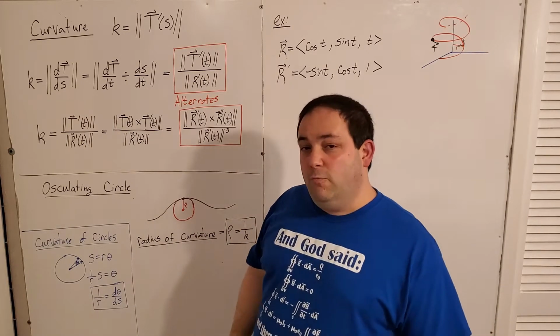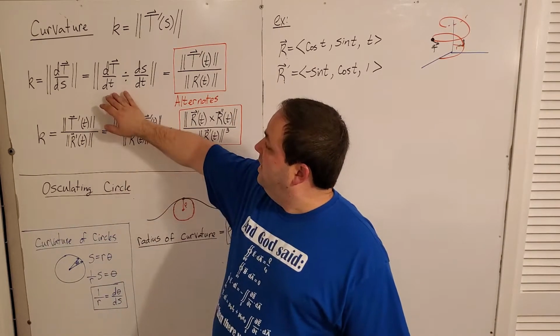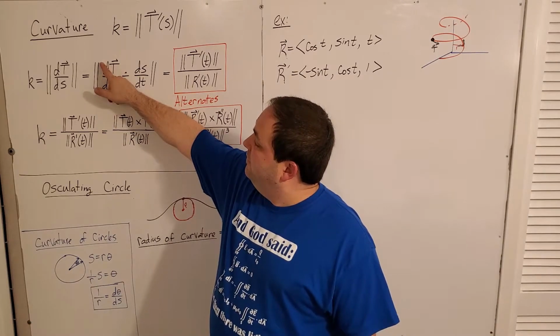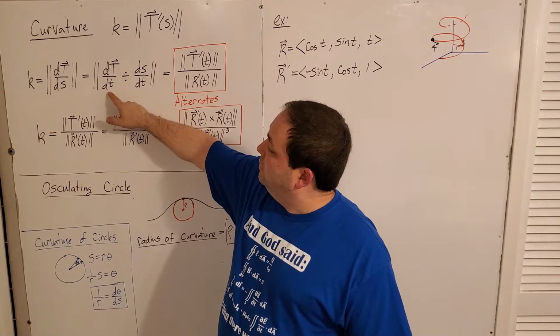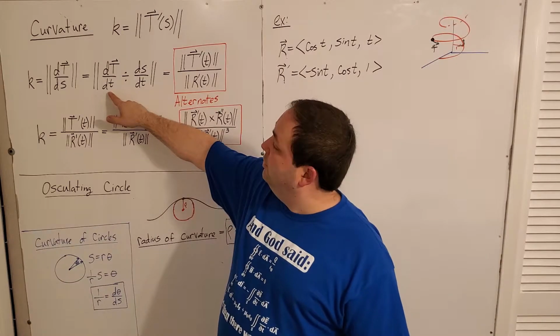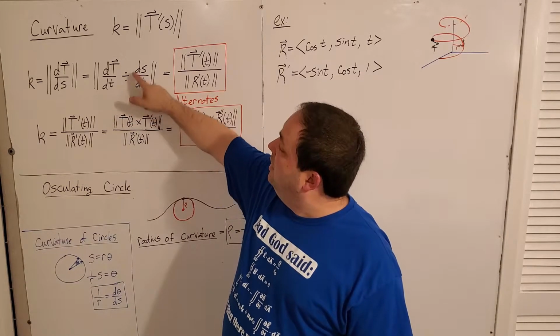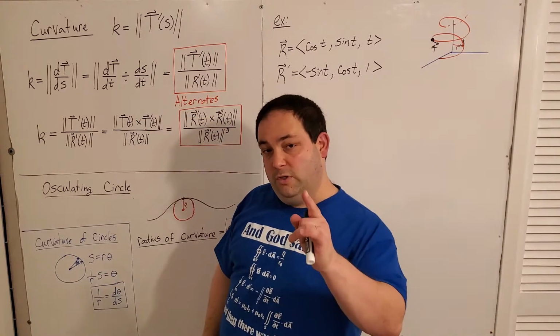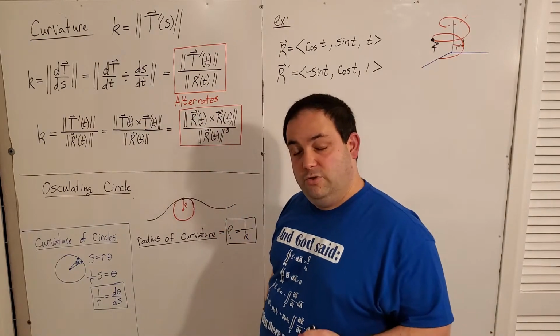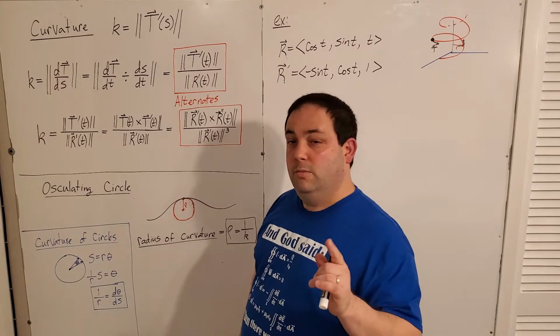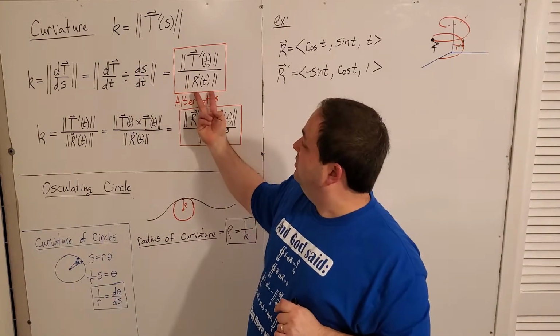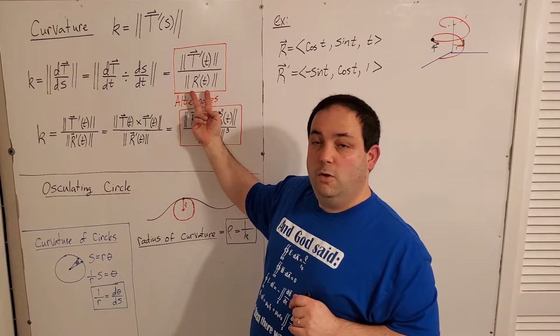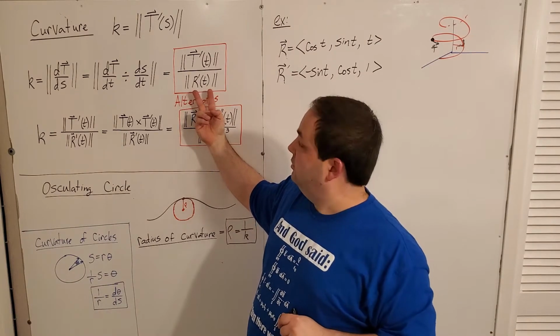Through the chain rule, you can actually say that that's the same thing as taking the derivative of the unit tangent vector with respect to t, the original parameter, divided by the derivative of the arc length with respect to t, which, if you think back to the very beginning, I told you on a side note to remember ds/dt was equal to the length of the original tangent vector, right?